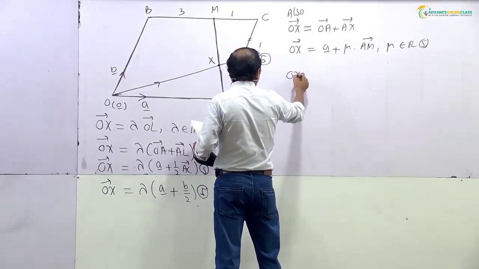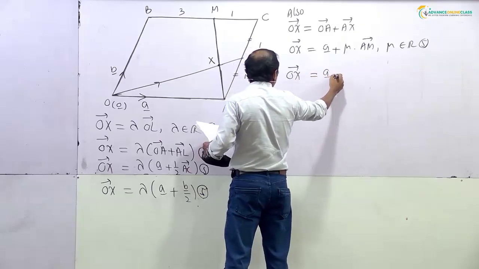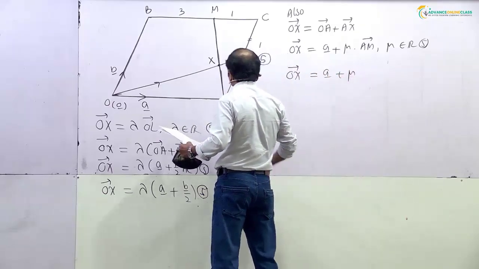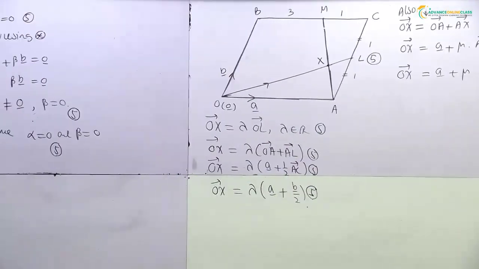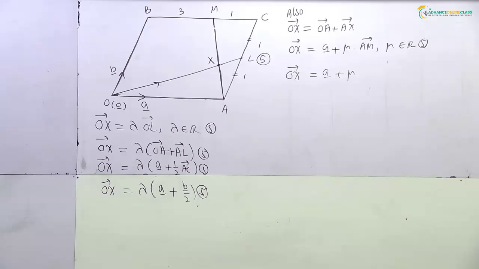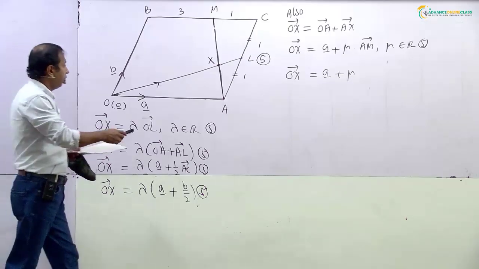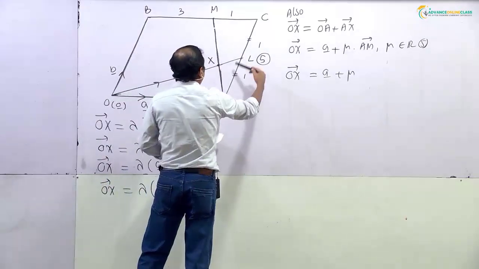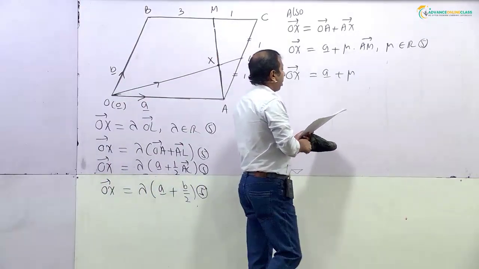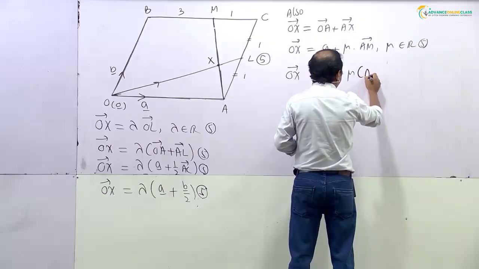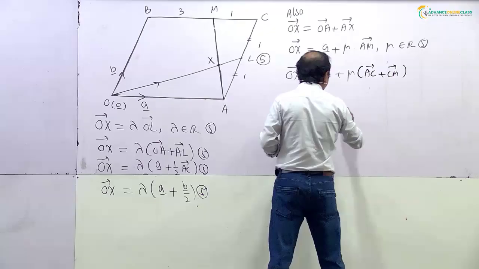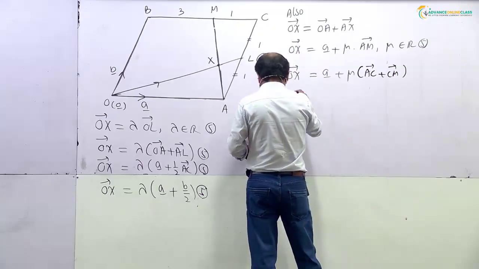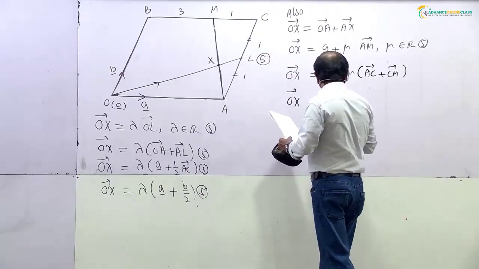Then we can write OX vector A plus mu times AM vector. AM vector you can write AC plus CM. What is another 5 marks?